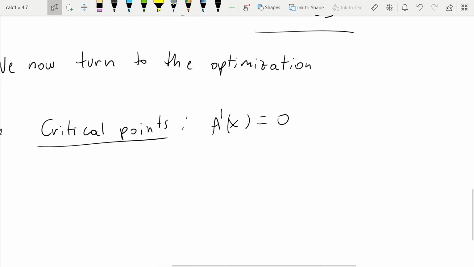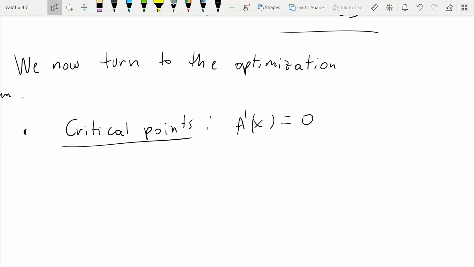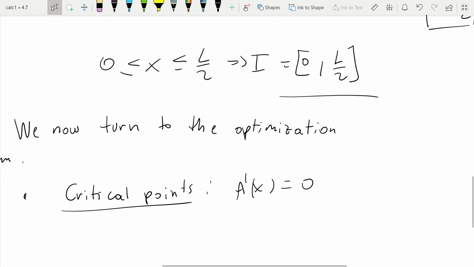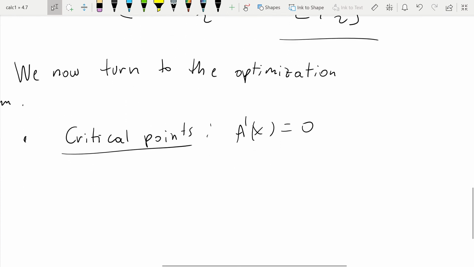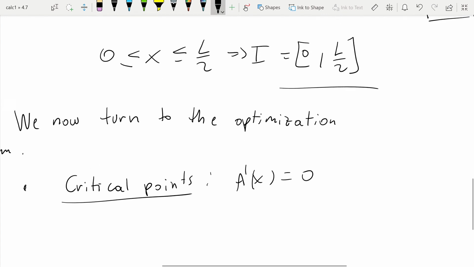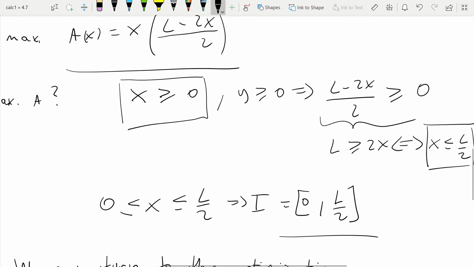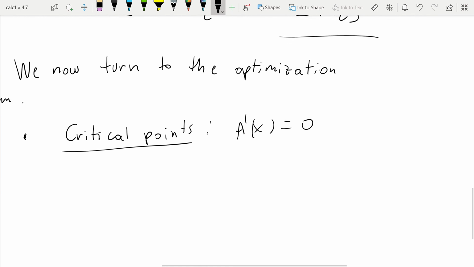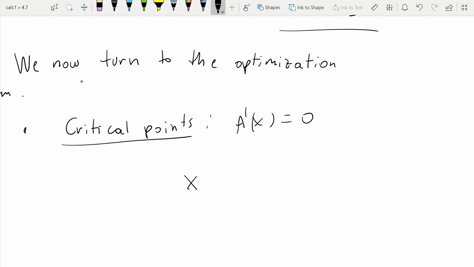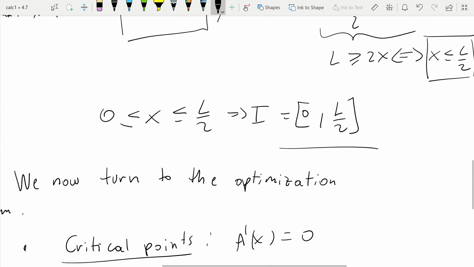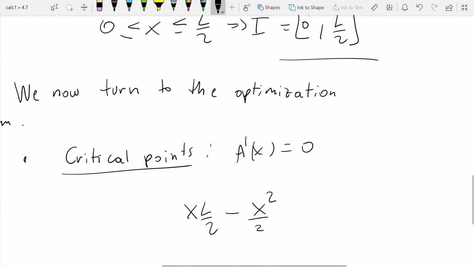Alright, and because the derivative of a is defined everywhere. So what is this? If we can apply the product rule, or simply expand this into that, we get x times L over 2 minus x squared, minus 2x squared over 2, which is just x squared.